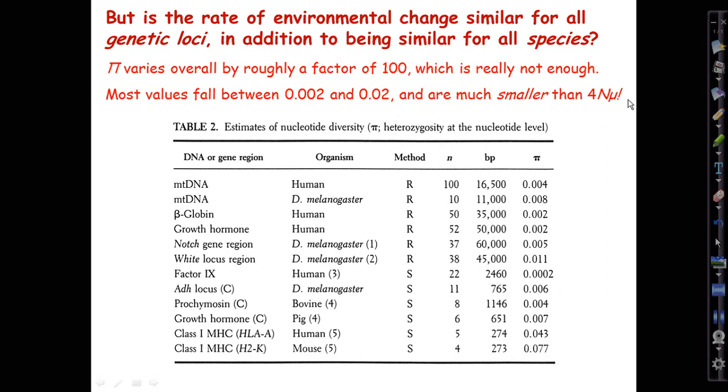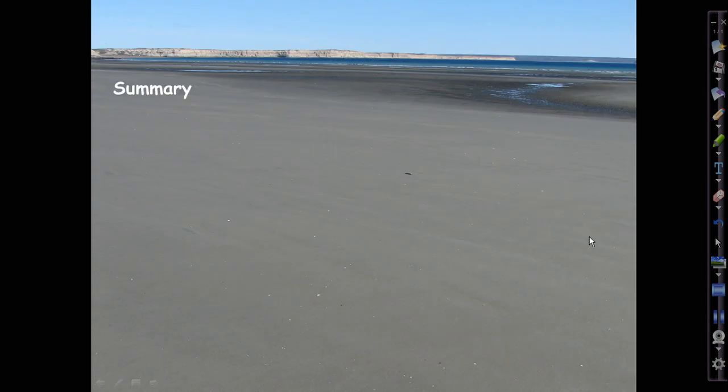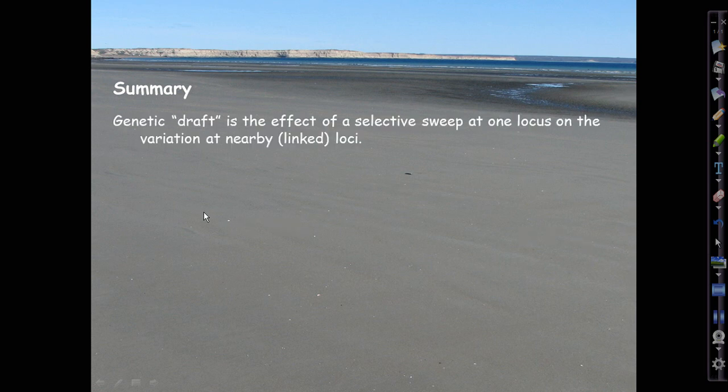But in pretty much all cases, the observed levels of nucleotide polymorphism are lower than we would expect given the neutral theory. That is, they're quite a bit lower than reasonable estimates of 4N mu. Okay, so our summary: draft is the effect of a selective sweep at one locus on the variation at nearby, that is, genetically linked loci.